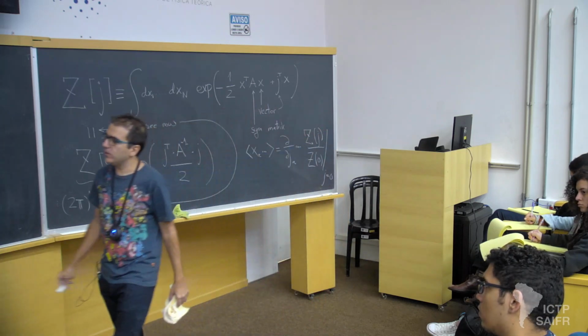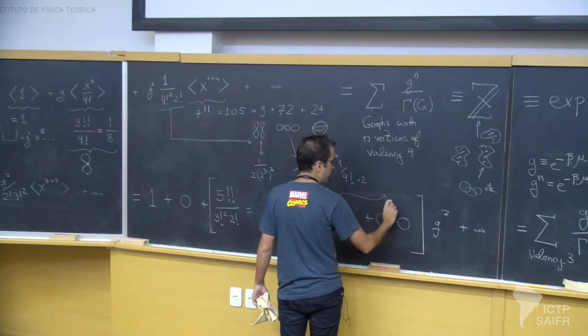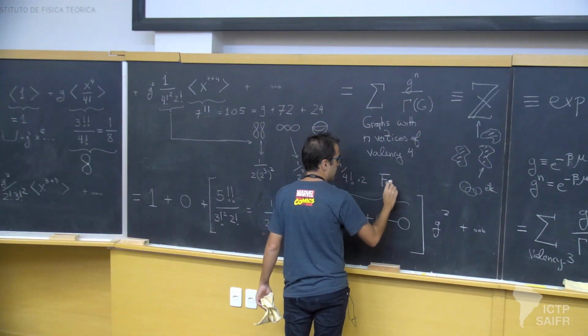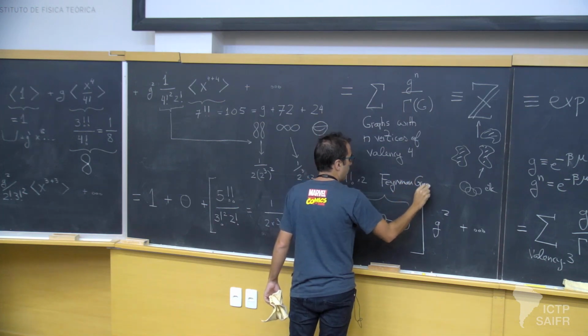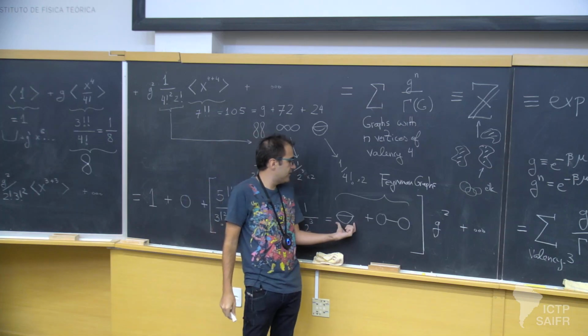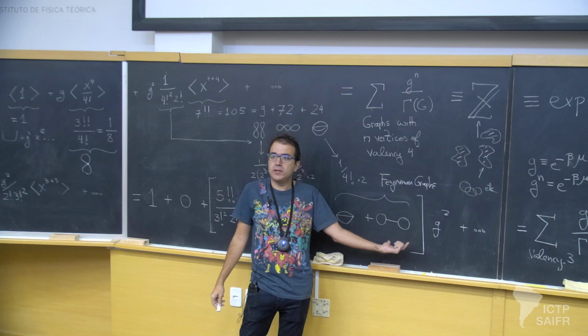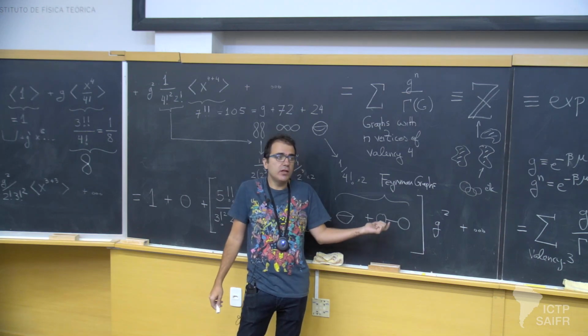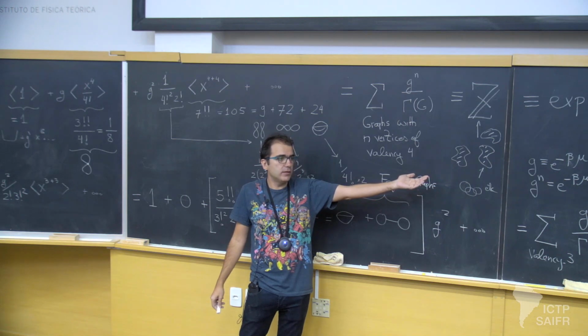Let me take the opportunity to mention that these graphs are what physicists call Feynman graphs. The question is, how am I sure that I didn't forget a graph? For example, I could think that this is the only graph there can be, and forget that there was this one here. This becomes especially hard when I have many terms, like cubic terms and so on.